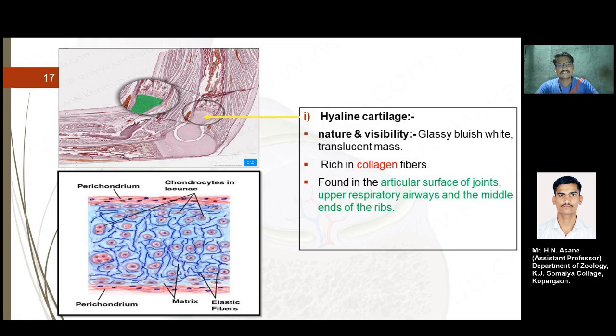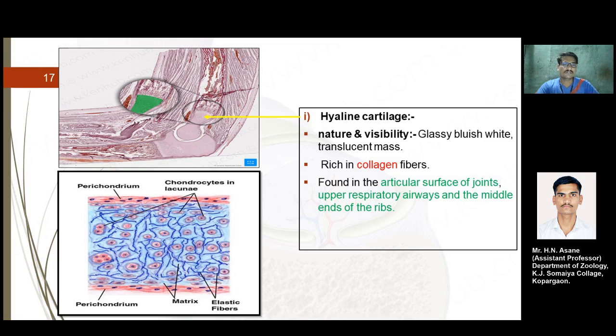Elastic fibers are also seen in the hyaline cartilages, so it provides flexibility, so that the cartilage cannot break easily, and due to its elasticity flexible movement also occurs.